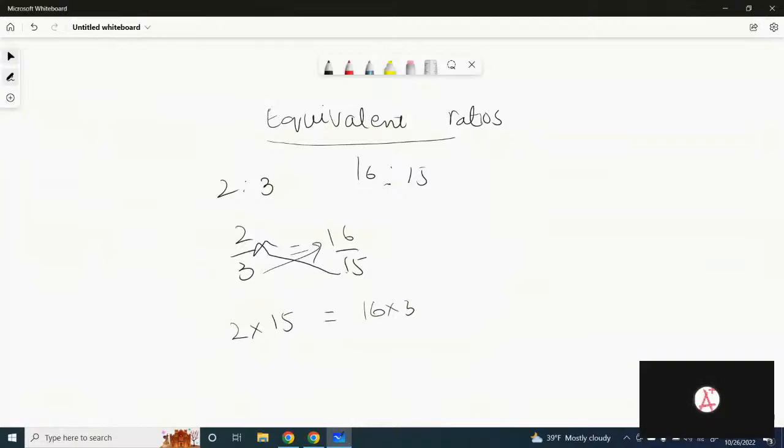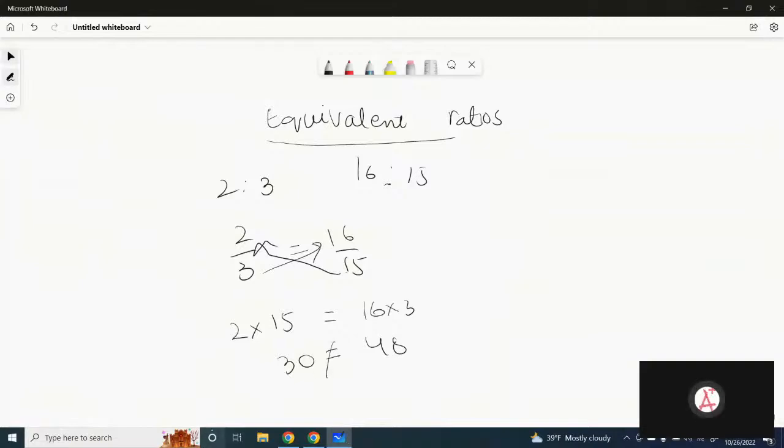Got it? So 15 times 2 is 30 and 16 times 3 is 48.